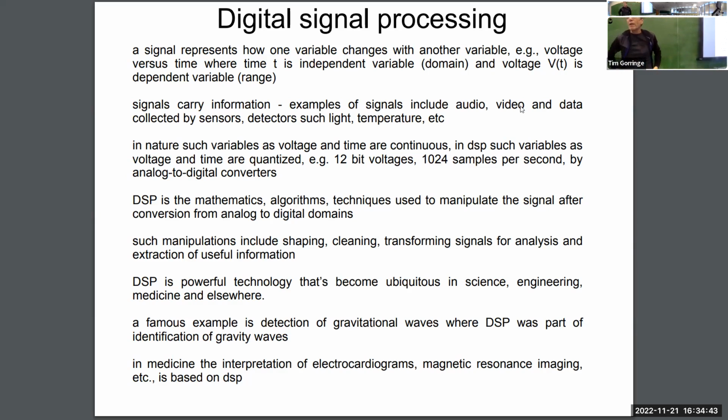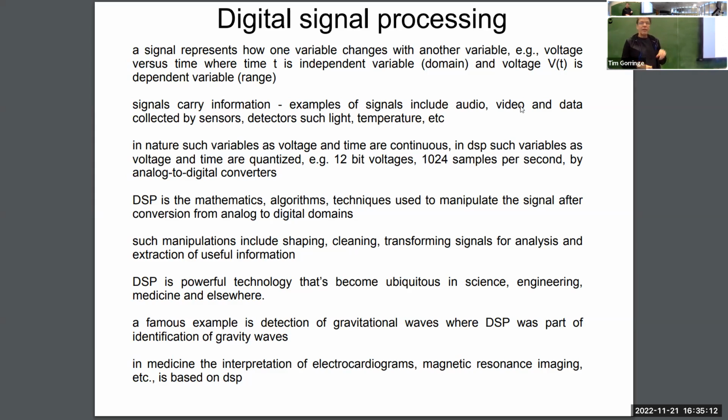So when we imagine a signal, we think of it typically as describing how one variable changes as another variable changes. So think about voltage as a function of time. That's a classic example of a signal carried on that voltage variation as a function of time.